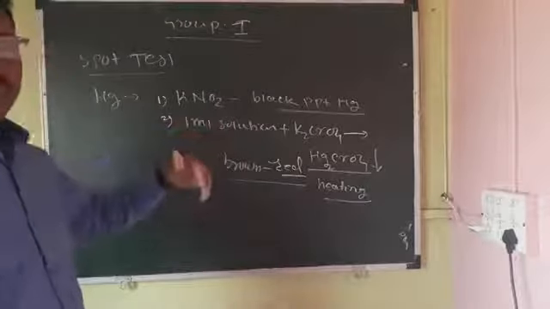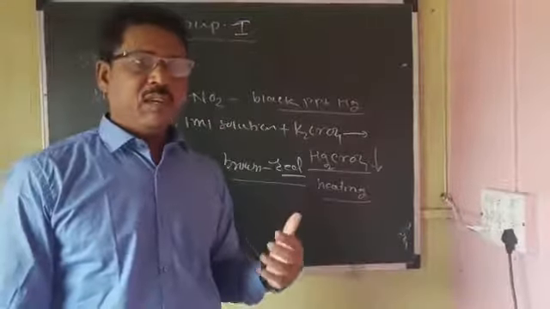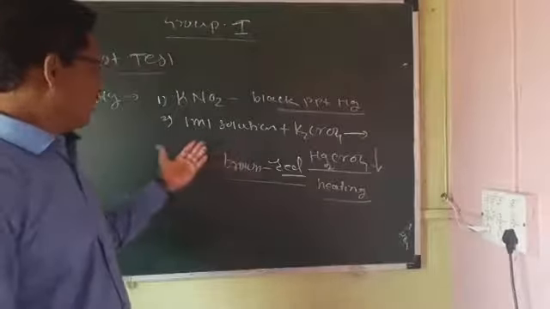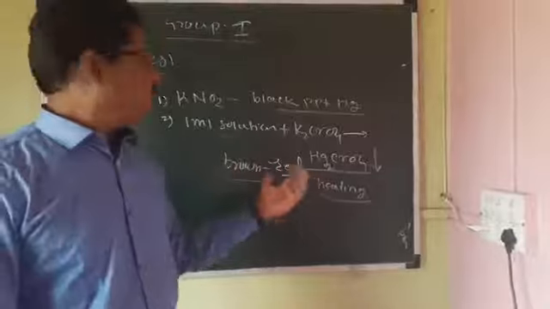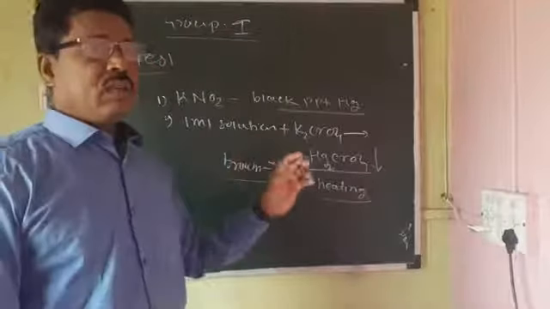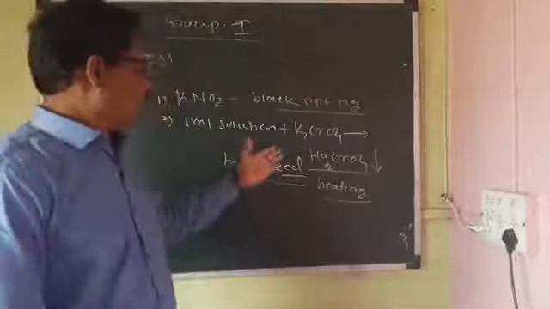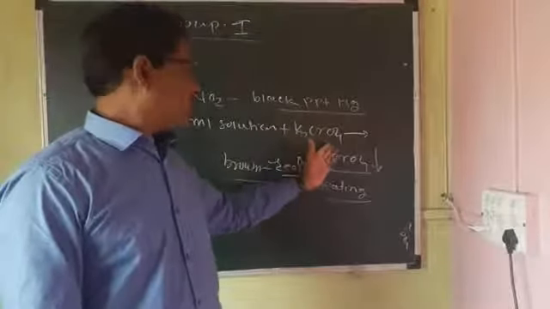One is saturated potassium nitrate, which you use for the identification of mercury. The second confirmatory test is 1 ml of the mercury solution, then add the dilute potassium chromate solution.